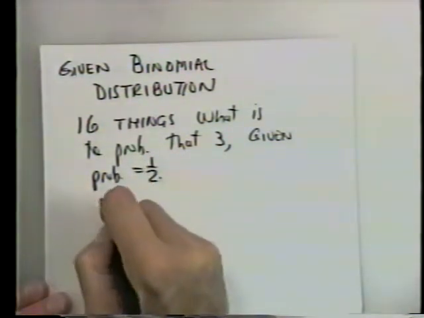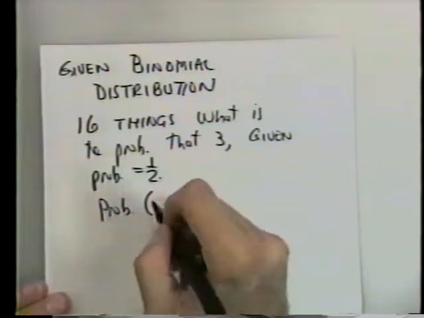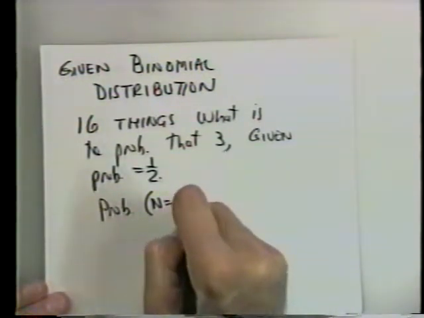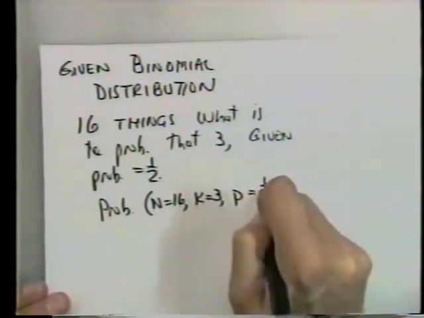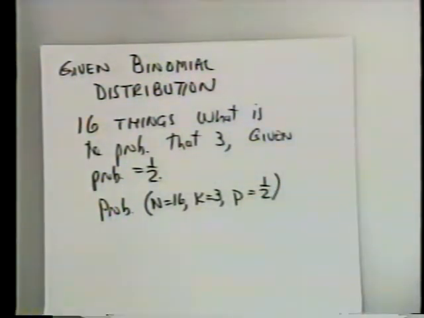So this is really the probability for a total of n equals 16 of 3 successes, given that the probability is a half. That's what we're trying to calculate.